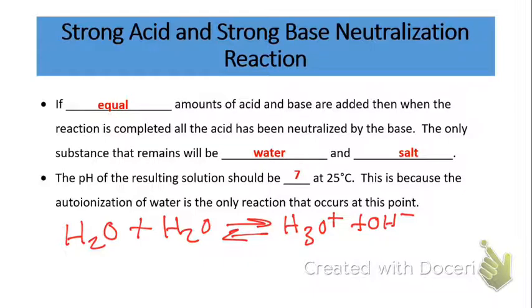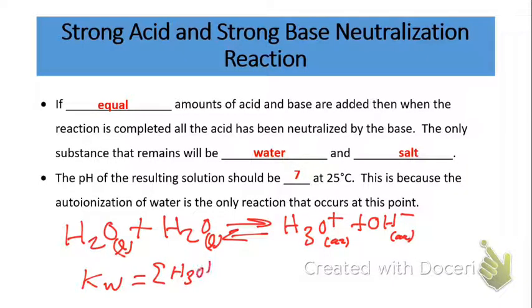So we know that since this is an equilibrium situation, and these are aqueous, the liquid water is not involved in the equilibrium expression. The Kw, the equilibrium constant for water ionization, autoionization, is equal to the hydronium ion concentration times the hydroxide ion concentration.